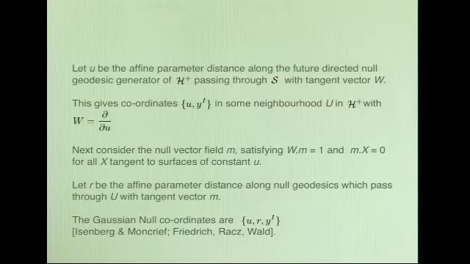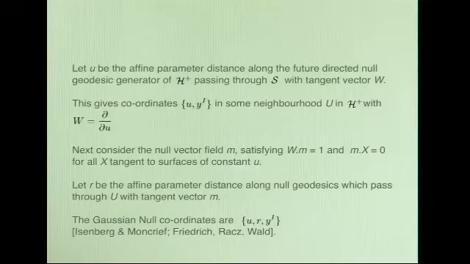We let u be the affine parameter distance along the future directed null geodesic generator of H+ passing through S with tangent vector W. So this gives us an extra coordinate u in addition to the y which we had before, in some neighbourhood in H+, with W equal to d/du.